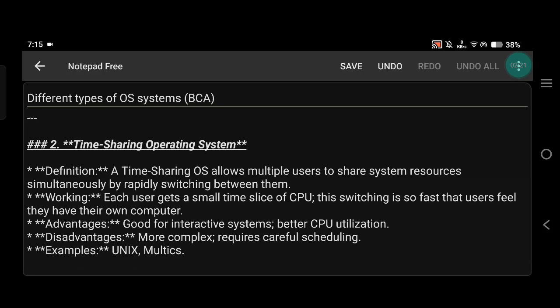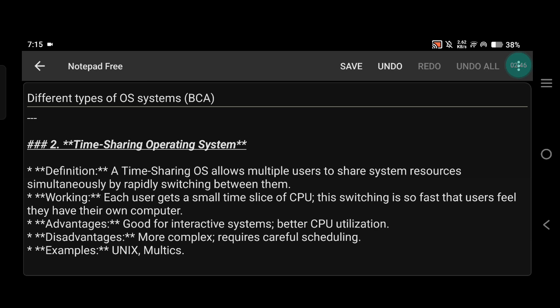Second is time sharing operating system. Definition: a time sharing OS allows multiple users to share system resources simultaneously by rapidly switching between them. Working: each user gets a small time slice of CPU. This switching is so fast that users feel they have their own computer.